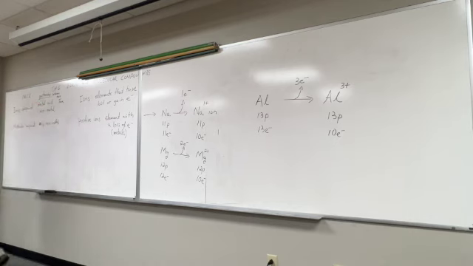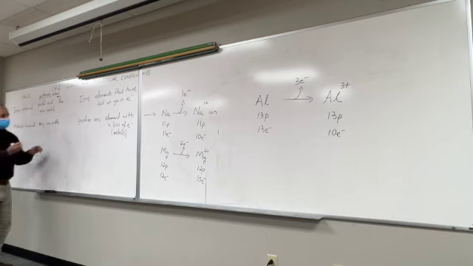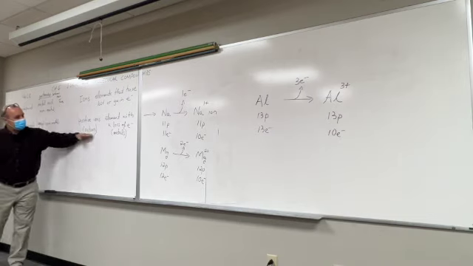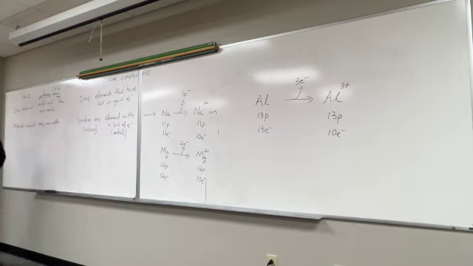Now, there's a name for positively charged ions, and that name is cations. Positive ions are called cations. And now let's switch to negative ions, which are going to be the result of elements gaining electrons.